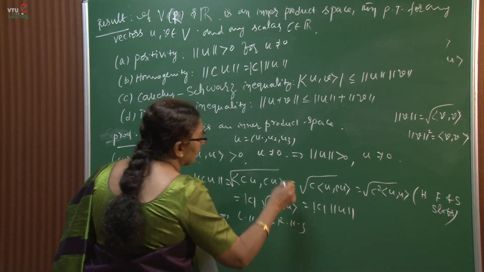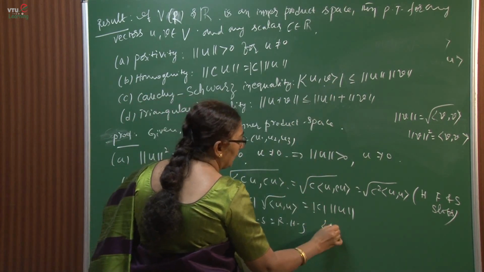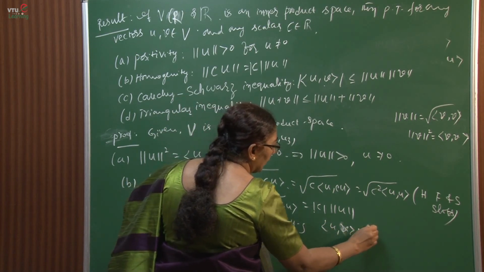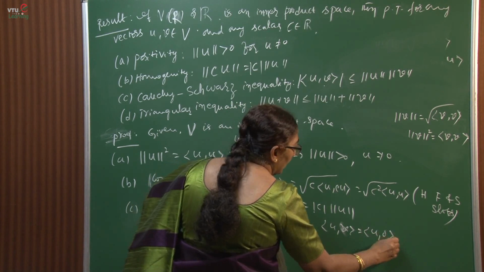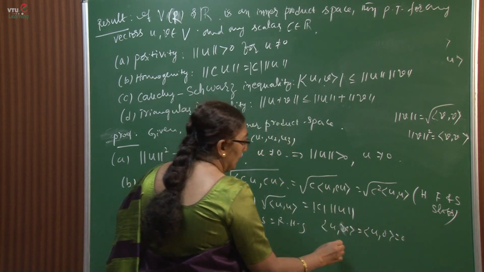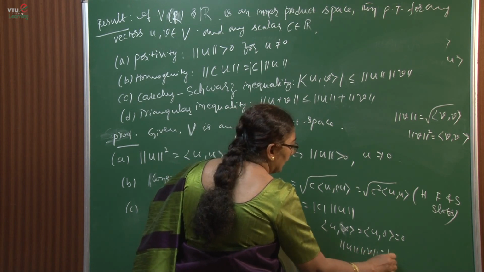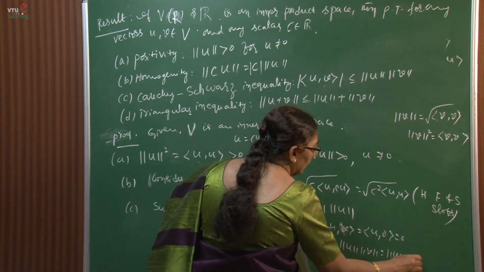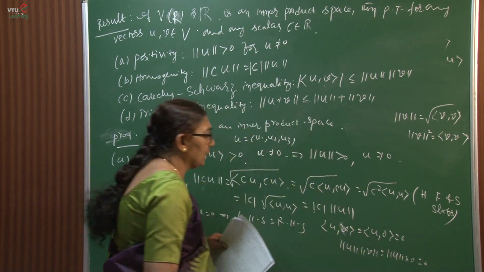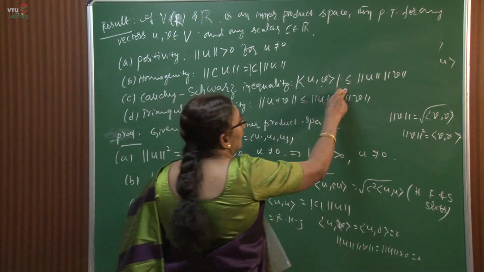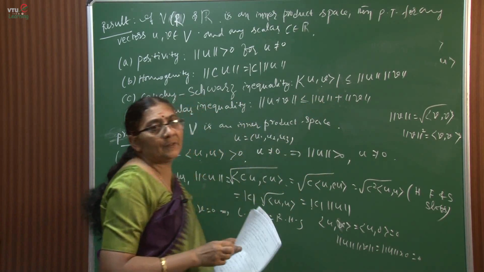The inner product of u comma 0 is 0. Similarly, norm of u into norm of v is 0. Therefore, when v is equal to 0, LHS is equal to RHS. Equality is satisfied when v is equal to 0.